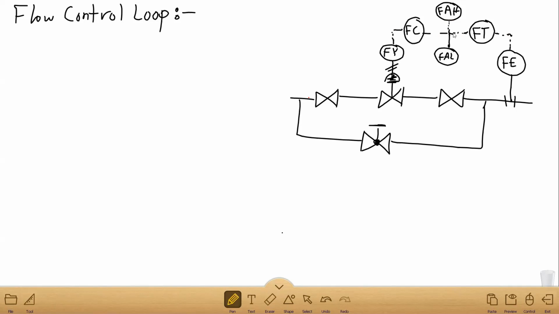Now I will make a full discussion to give the steps of control. First of all, flow rate, FE, measure.